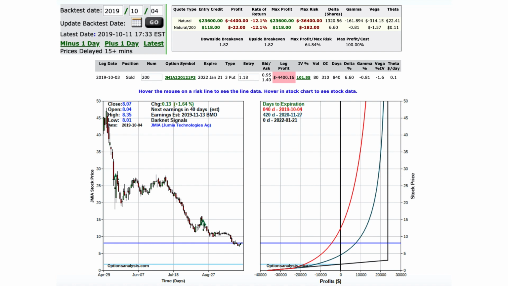However, for someone like me, I actually did this trade with the objective of buying the shares at a weighted average price of $1.82 per share.